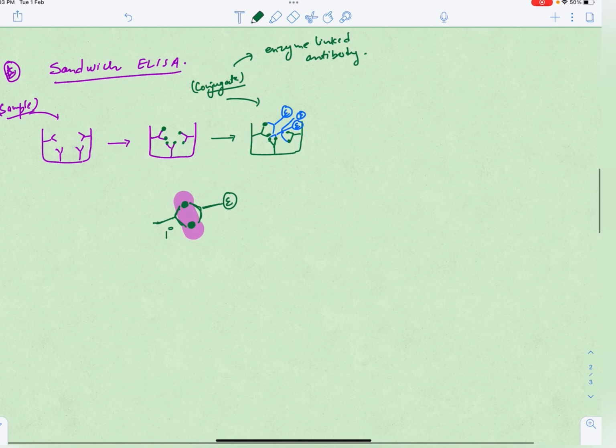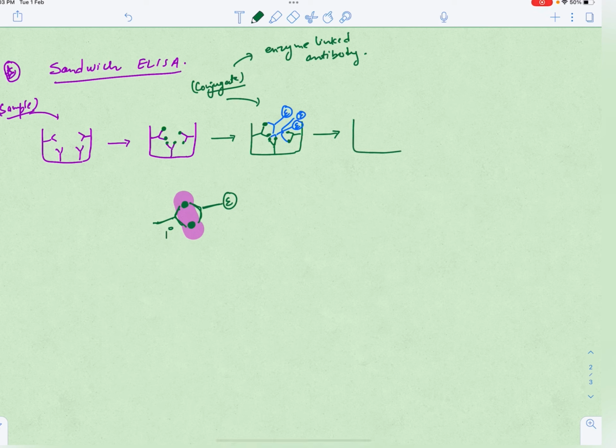After addition of the conjugate, in the next step, obviously you have to add the substrate. The steps are the same whether it is indirect ELISA, sandwich ELISA, or competitive ELISA. The basic steps are the same. Whatever reagents or components you are adding are the same, but the surface on which you are working is different.